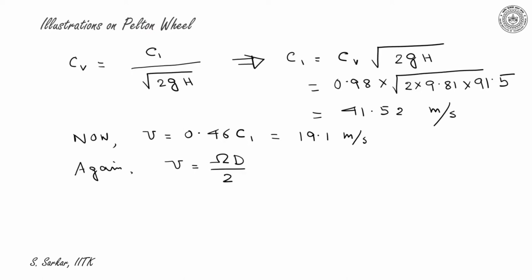From here I can evaluate wheel diameter D as twice U divided by omega, that is twice U divided by 2 pi N by 60.